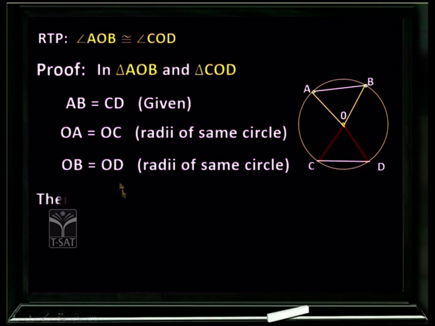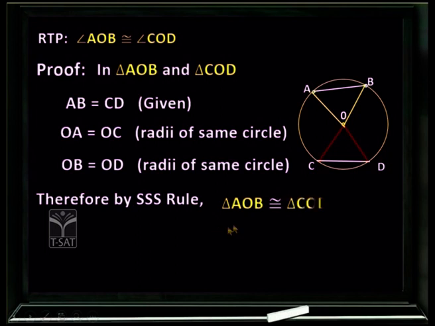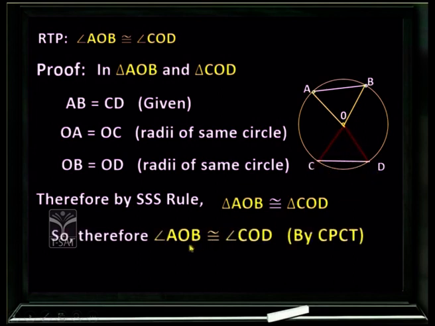We can say by the SSS rule, side-side-side rule, triangle AOB is congruent to triangle COD. So, what we find here is triangle AOB is congruent to triangle COD. Therefore, angle AOB is equal to angle COD.